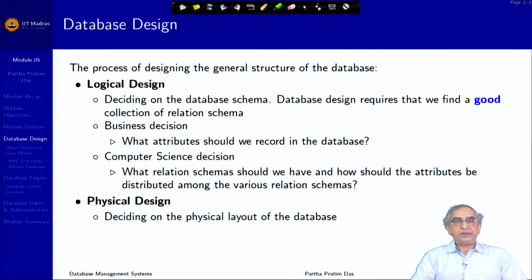The other stream of factors is, I would say, a computer science decision or an algorithmic decision, where it talks about what relational schema we should have, whether we should have it as a flat schema or a segregated schema of multiple relations. How should we normalize it? We will need to know what normalization is, of course. So, all these factors are applied to the business requirements given for the logical design.